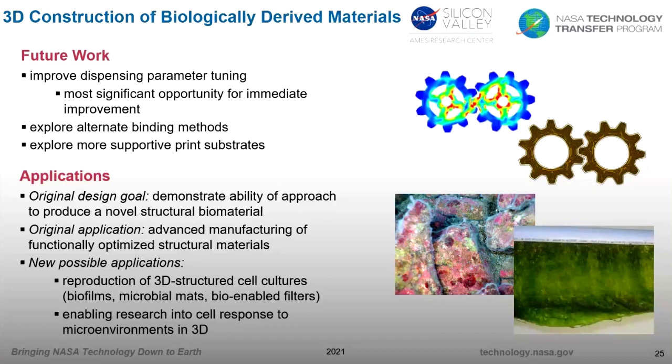So if you're basically creating, if the array that you are 3D printing is then something that is going to grow into a larger framework, there's essentially no limit to the size that you could be dealing with.